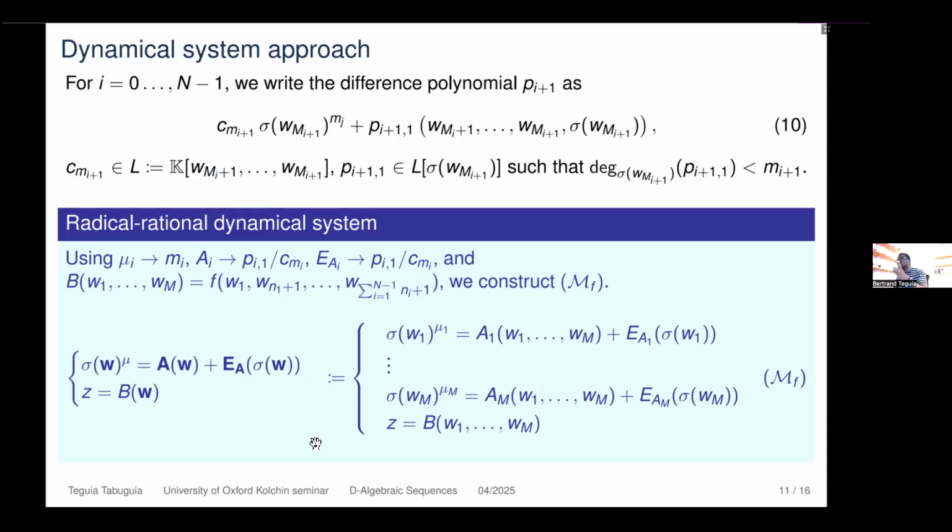And usually the mu i, as you can see, in a rational dynamical system or polynomial dynamical system, these are usually 1. And we know how to eliminate some variables when you have such a system. But when you have the mu, actually the good thing is that the technique still applies.